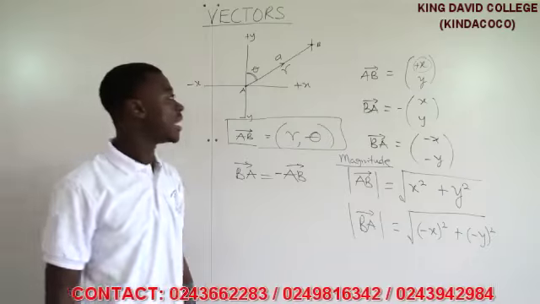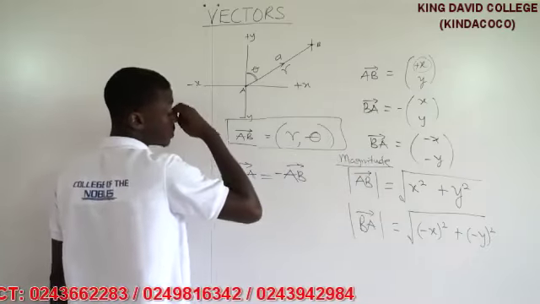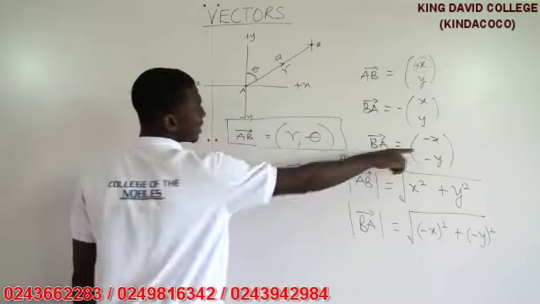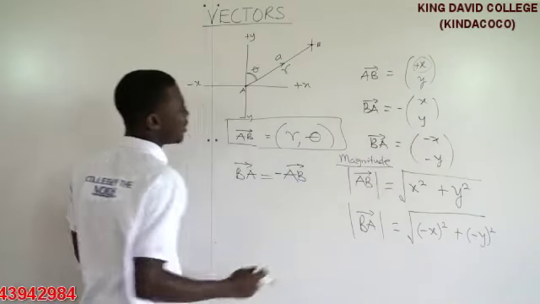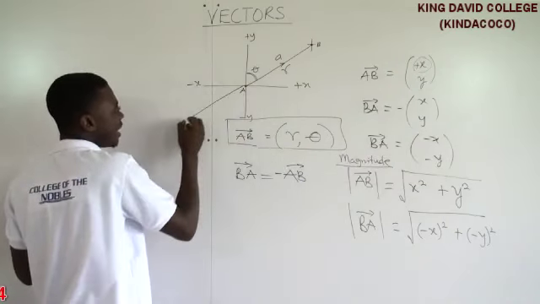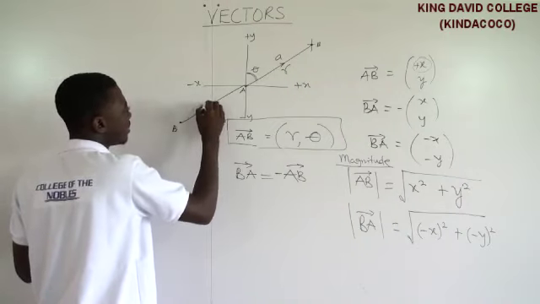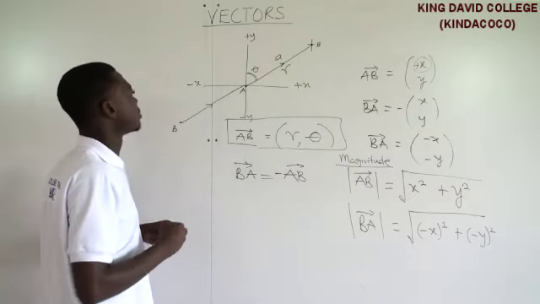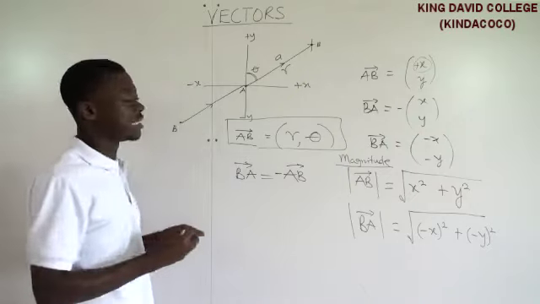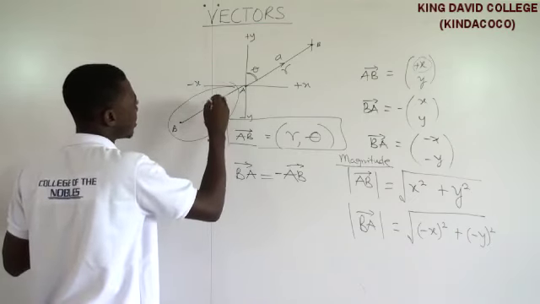But in terms of BA, the negative vector of AB, when I pull this, it is supposed to lie on the minus X, and when I pull this, it will lie on minus Y. So hence, that vector BA will be lying in this plane.